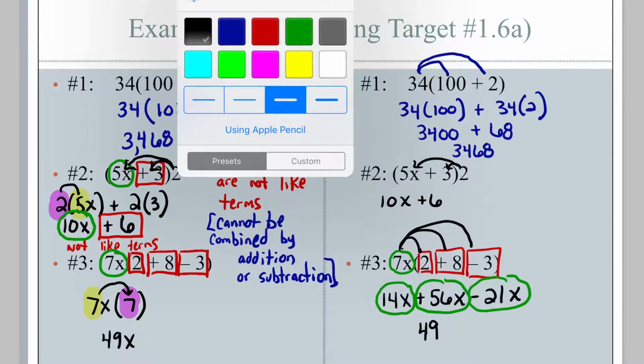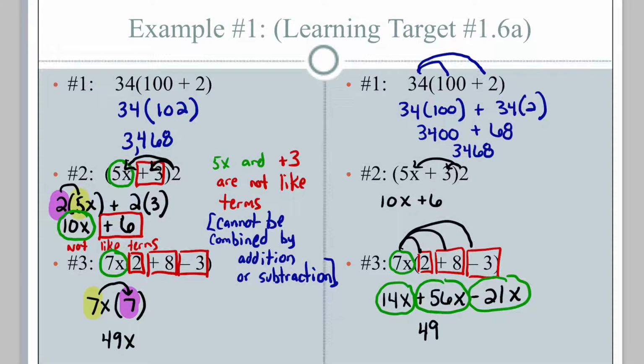And I'm going to do something here just to highlight a particular point I want to make. When we combine like terms with a variable through addition and subtraction, we do not change the value of the exponent of the variable. It remains the exact same.